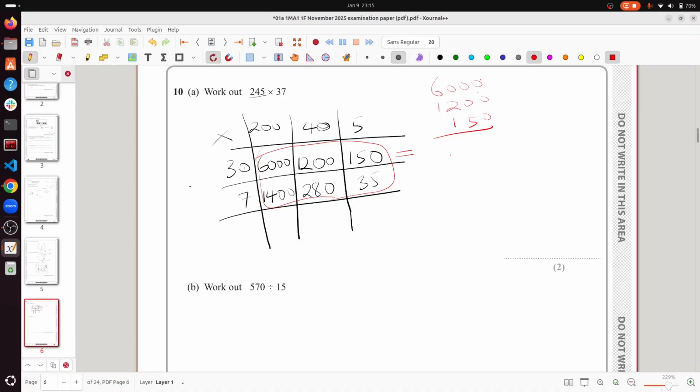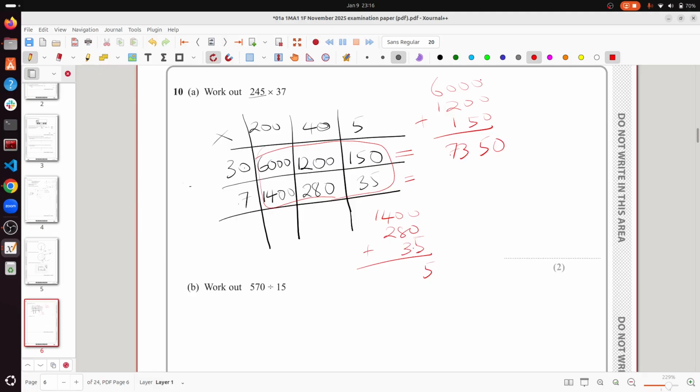So it's always good for you to check what you have written is correct. So adding all of this gives me 0, 5, 3, and 7. From this one, that's 1,400, 280, and you need to make sure your place value is correct as well. You remember, I'm not just putting these numbers randomly. I ensure that the place values are correct.